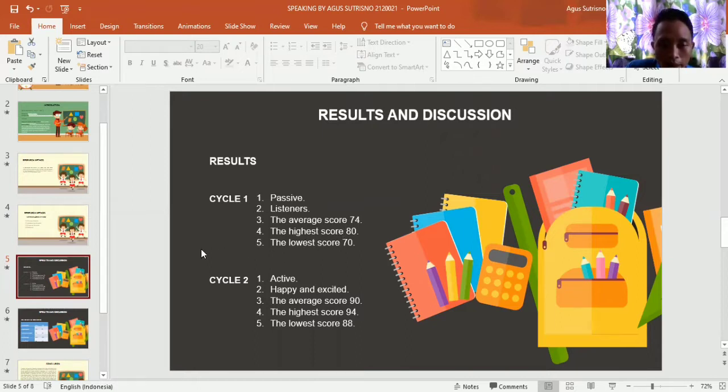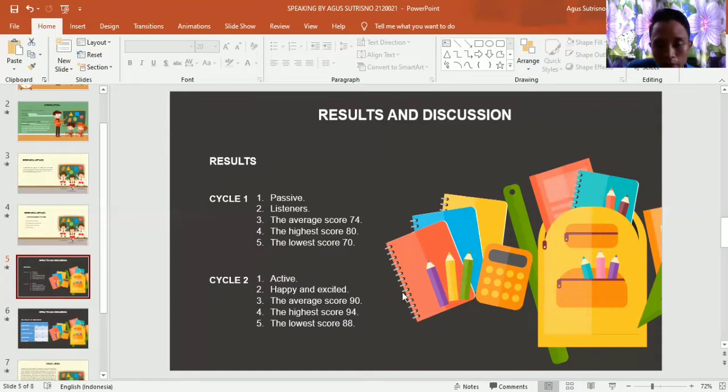And then I have cycle 2. After I implement my technique in the classroom using picture series, the result is the students are active, happy, and excited to join and write narrative text with picture series.